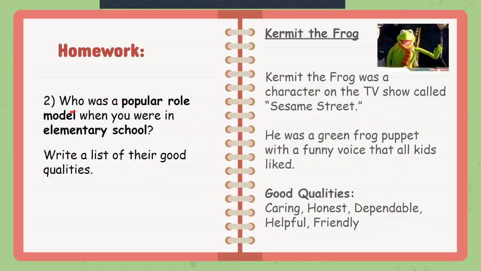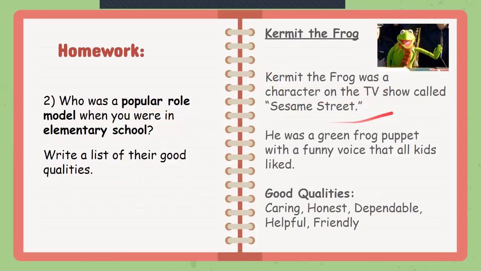Number 2, who was a popular role model when you were in elementary school? Please write a list of their good qualities. So, for example, a popular role model when I was in elementary school was Kermit the Frog. Do you know Kermit? Kermit the Frog was a character on the TV show called Sesame Street.